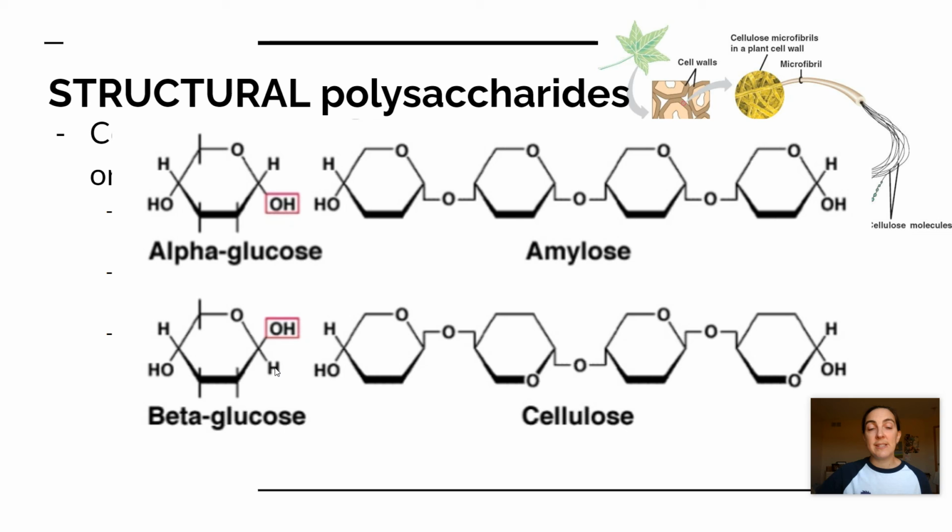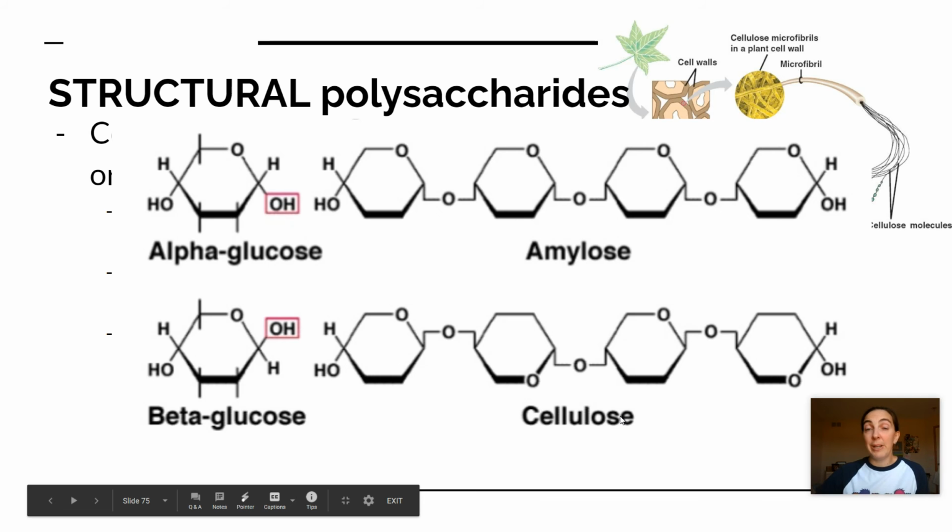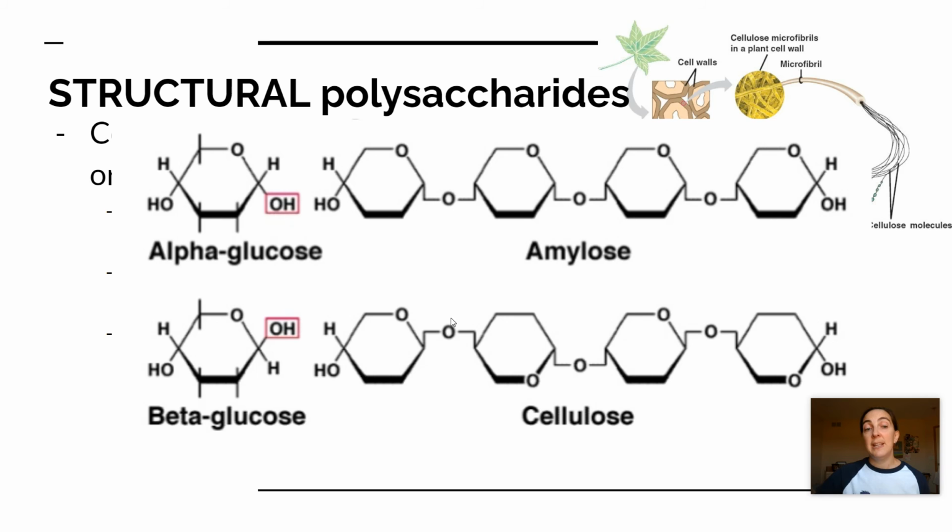But if you simply reverse the position of the hydrogen and hydroxide on this one carbon on this glucose molecule, that changes the shape of those glycosidic linkages. And you can see just a very, very small change in the shape is the only difference between amylose and cellulose. But for whatever reason, we just do not have enzymes that are able to break apart these beta glucose bonds.